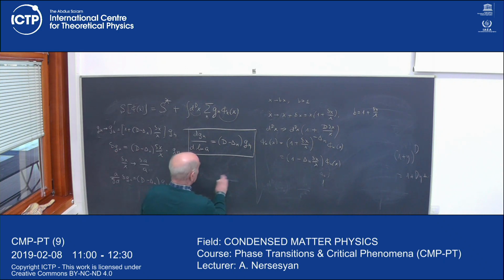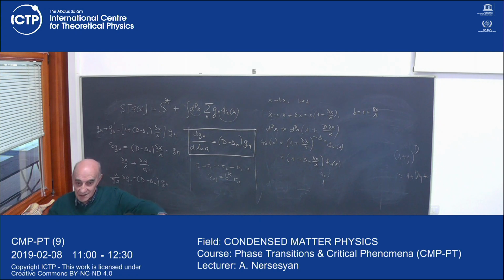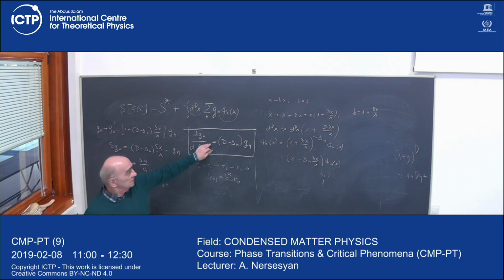The sequence of RG transformation was from R0 to R1 to R2 to R3 and so forth, where Rk will be b to the power of k R0. You remember, the larger and larger scales. And every time you do that, you look at what happens to the coupling constant when you increase the length scale. This only makes sense when the correlation length is huge. Right? So you're still within a subcritical or critical regime.